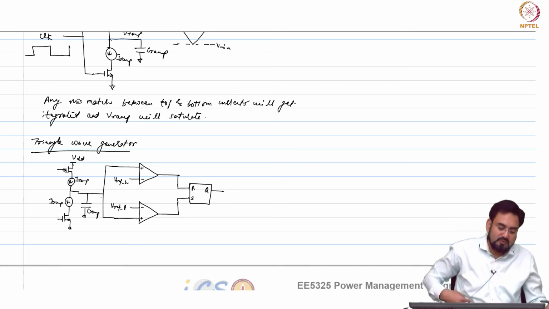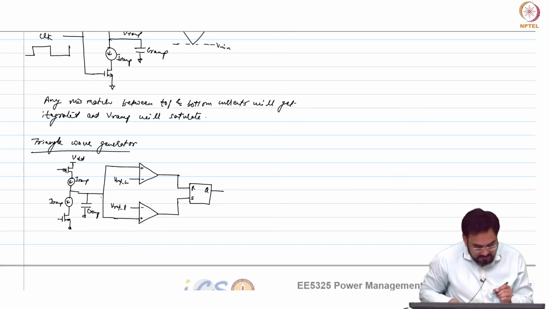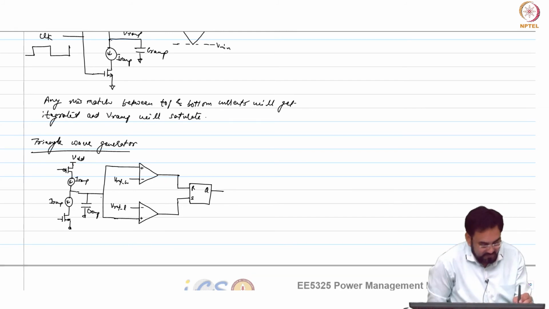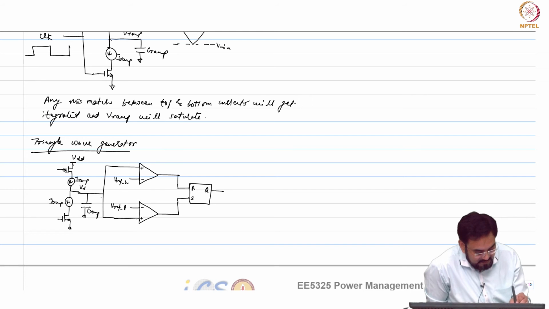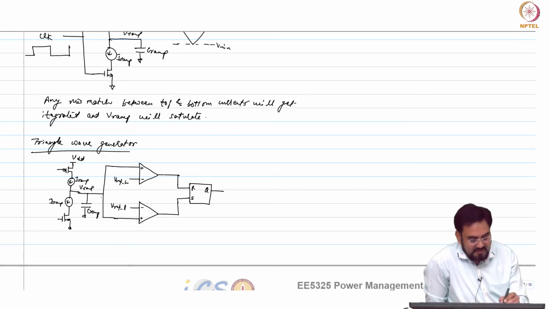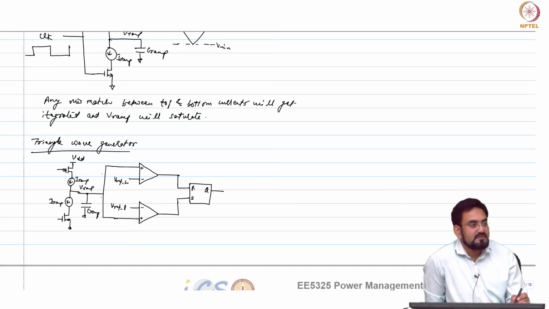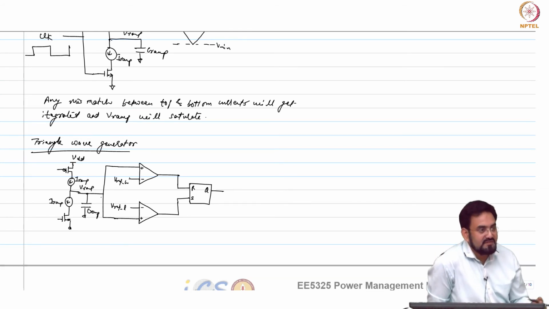Okay, so let's see who will control what. This is VRAM. So we know if this VRAM goes above Vref H, we want to discharge.